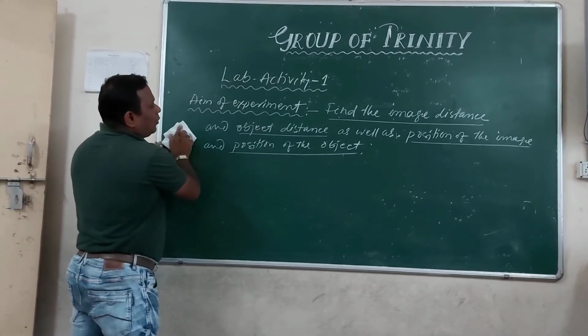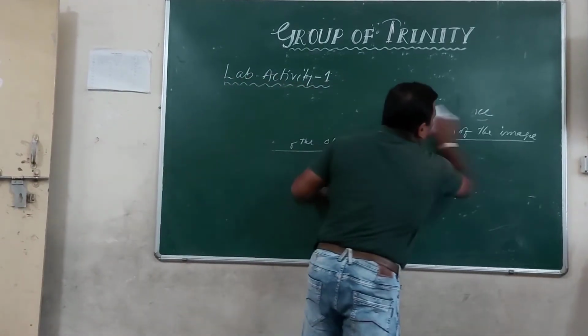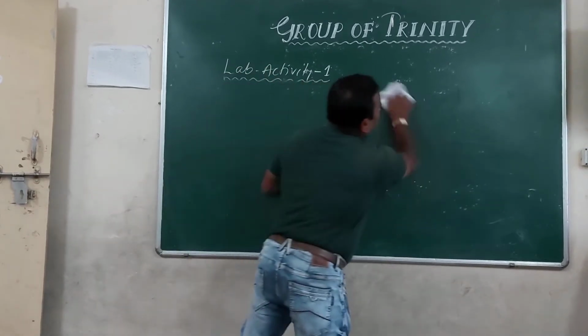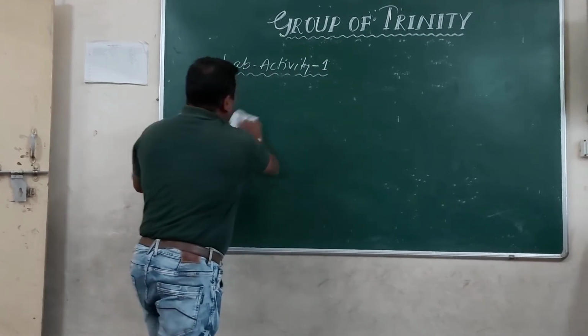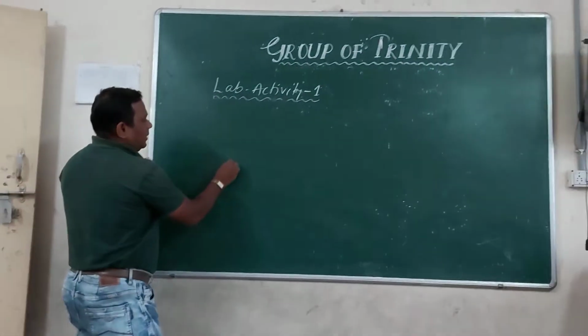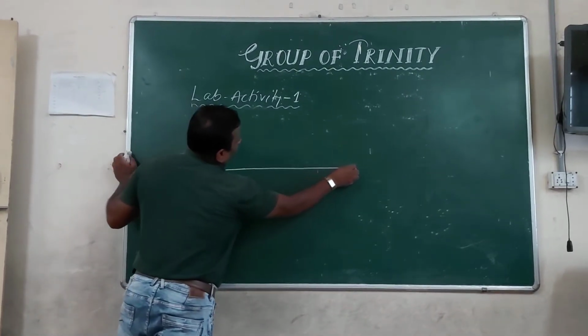I am going to erase all this because there is no more space. So I am going to erase this, and in this place I am going to draw a diagram. With the help of the diagram you can easily understand. Just see, children, this is the surface of the table, right?